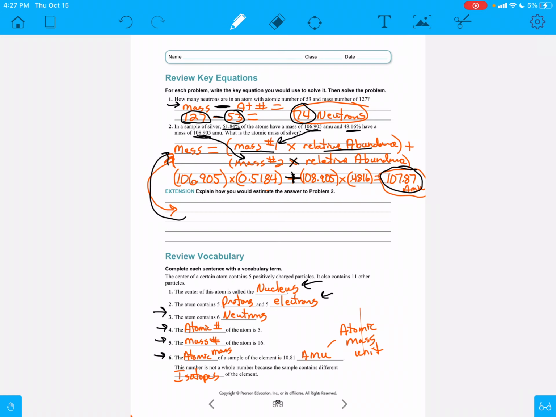And the atomic mass of a sample of an element is 10.81, and this is AMUs, or atomic mass units, okay? And then finally the last word, the one we keep seeing, isotopes, which are variations of elements. Okay, so hopefully that gets you through part 2 of section 4.3 study guide.